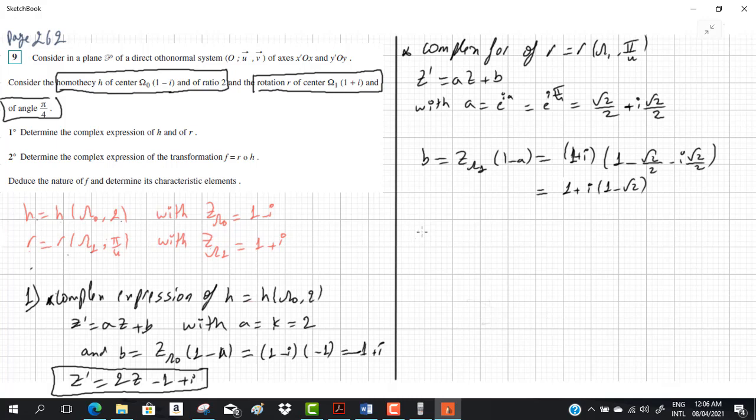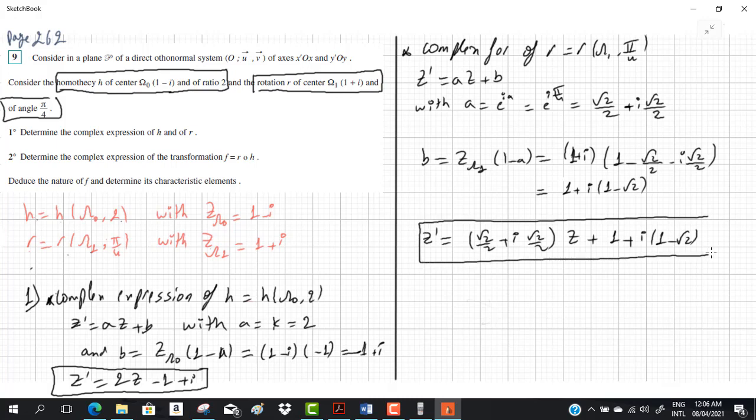So Z prime equal A يعني radical 2 over 2 plus I radical 2 over 2 to Z plus B plus 1 plus I into 1 minus radical 2. إن شاء الله ما يكون في شي غلط calculation لأنه مشكلة.